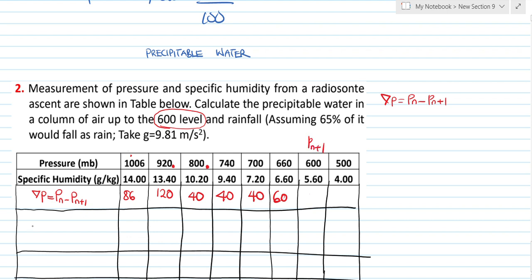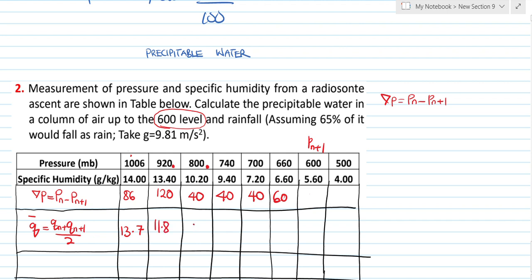Then we come to the mean specific humidity, and that is given by Qn plus Qn plus 1 over 2. The first one we have 14.00 plus 13.4 divided by 2, that is 13.7. The next one, 13.40 plus 10.20 divided by 2, is 11.8.